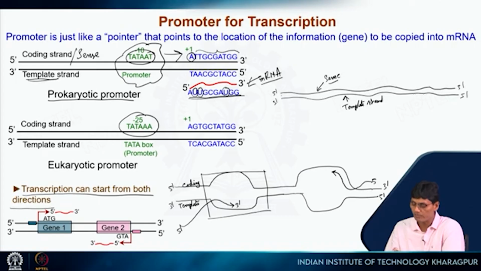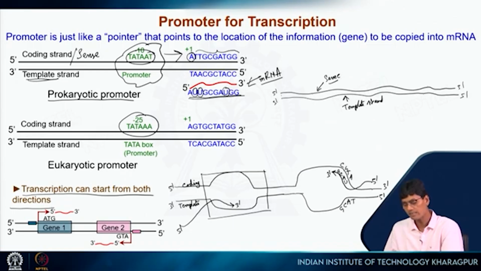Again, it is 5 prime to 3 prime direction of synthesis. So what would we see? Whatever sequence is here, like A, T, G, C, in the template strand of DNA it should be T, A, C, G, and in this RNA it will be U, A, C, G.